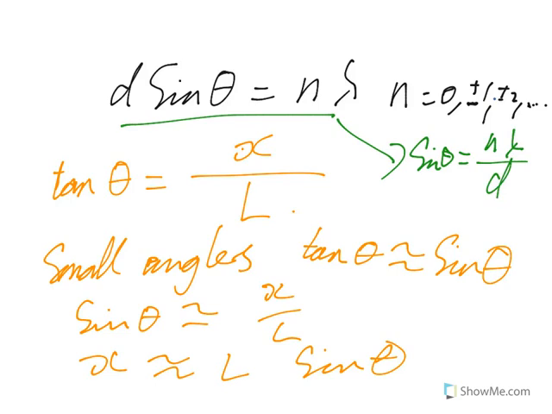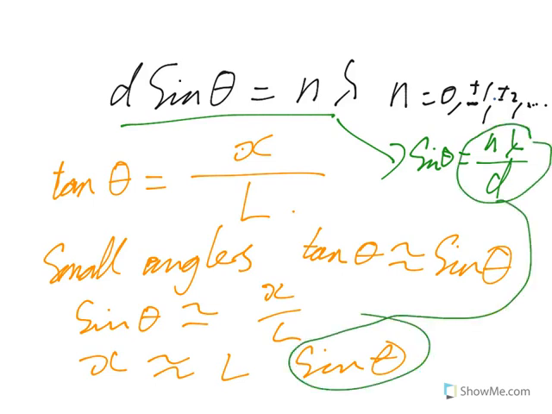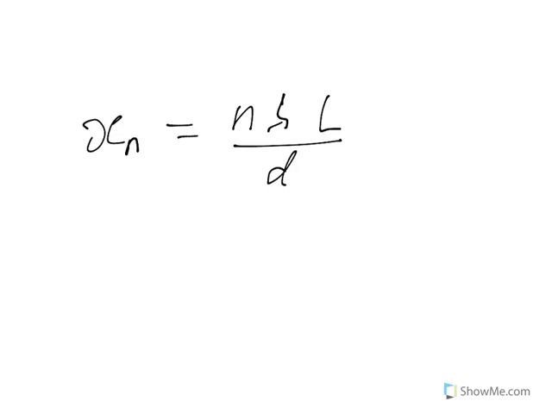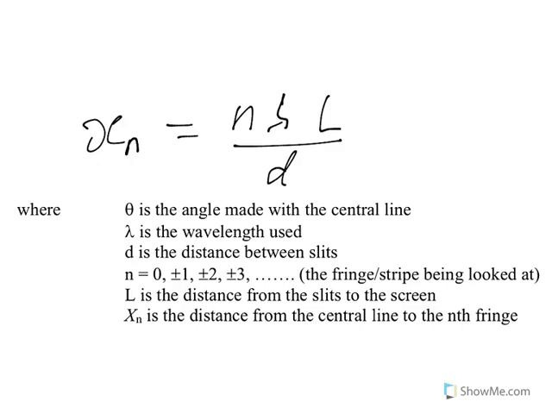If I put those two things together, putting that in here instead of sine theta, then you get that x, the distance to the nth node, is n lambda L over D. Here's what all the things mean.